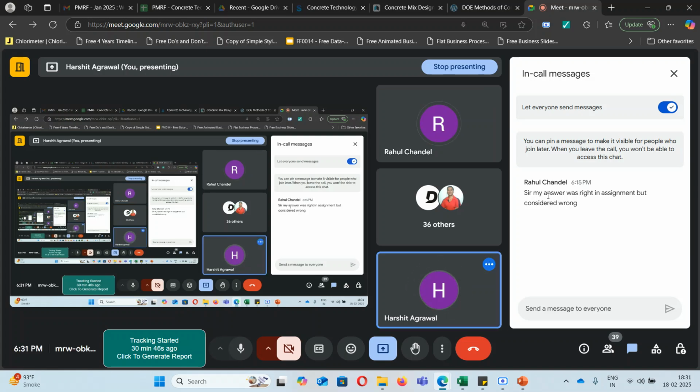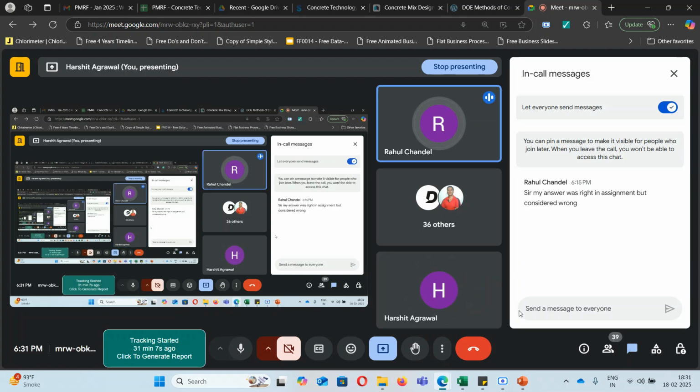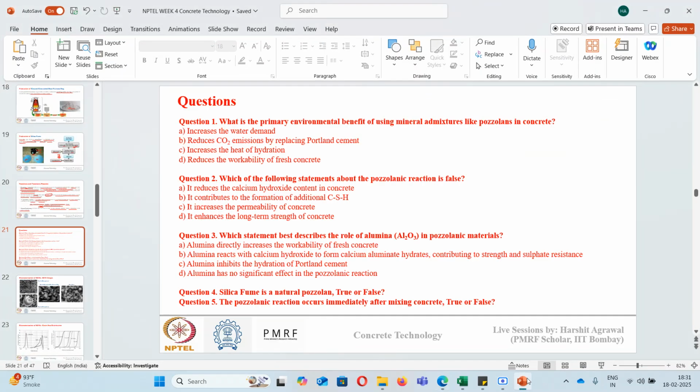Then try to drop them a mail regarding the question, that the correct answer is 57, and please give us the solution, because I have also checked the question. The answer should be 57 only. They might have incorrectly graded the assignment, or some mistake would be there. Okay, sir. Thank you. Any doubt in the discussion till now? If no doubts, just try to answer these five questions quickly.